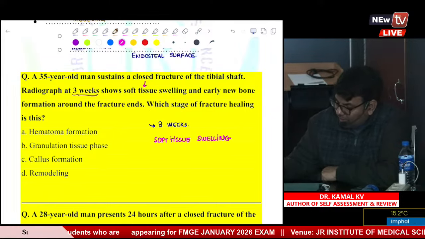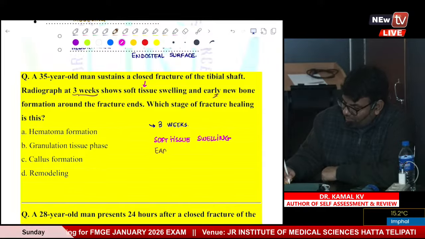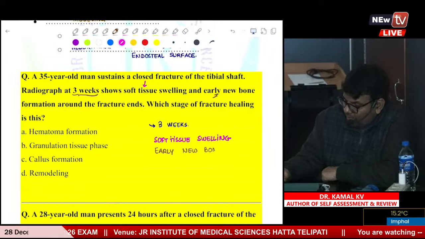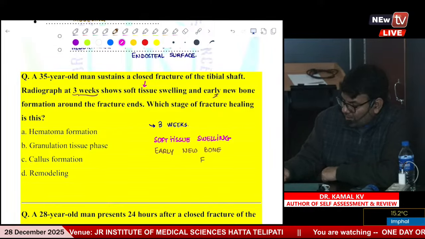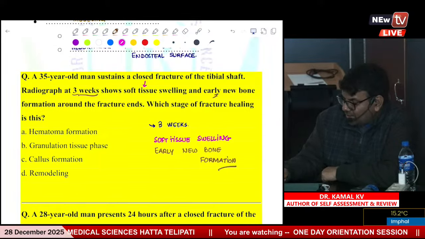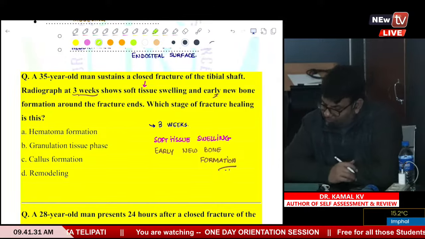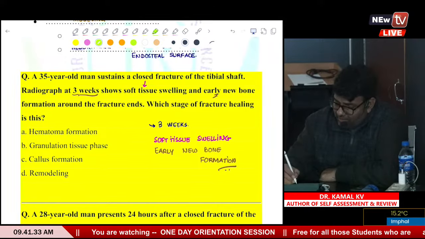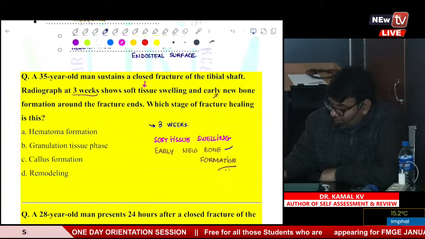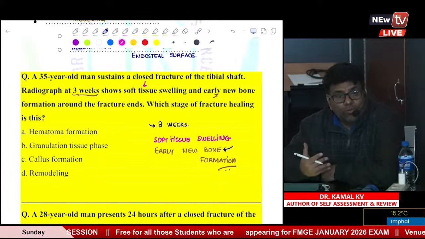And lastly, there is one more important clue which is given. Very good. So early new bone formation. So based on this, what will be your answer? Now here you have to consider this word, new bone formation.